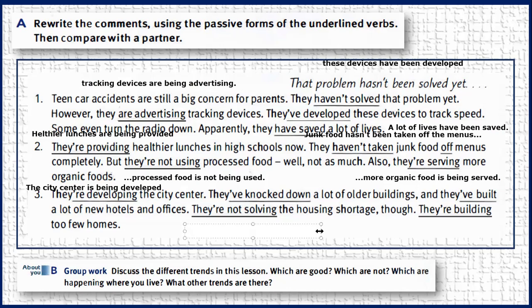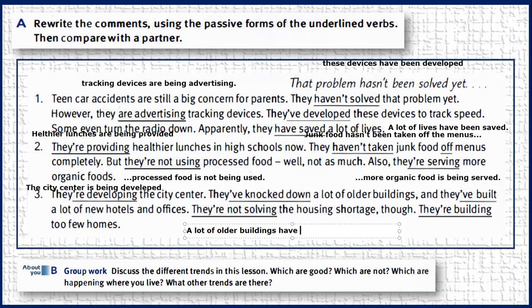A lot of older buildings. Mm-hmm. Are being knocked. Remember, this case is present perfect. We're gonna keep the present perfect. Now let's make it passive. A lot of older buildings had knocked.